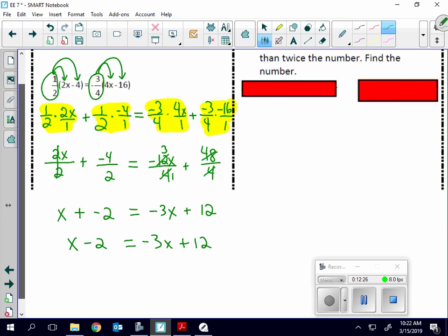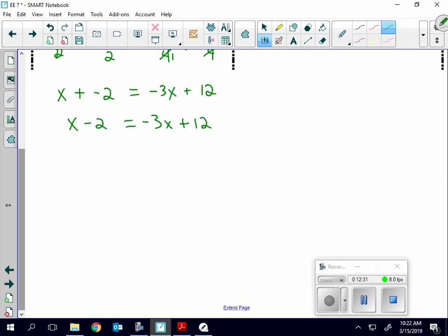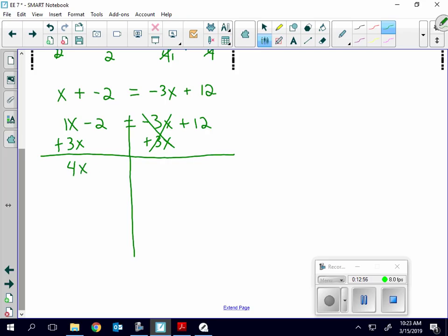Okay. So we're going to get all the x's to one side. When I have a negative 3x on the right, I like to undo that because that would mean I would be adding to undo it. So if I add 3x to both sides, I can see it will cancel it out over here, leaving me with 3x plus 1x is 4x minus 2 equals nothing but 12 on the other side.